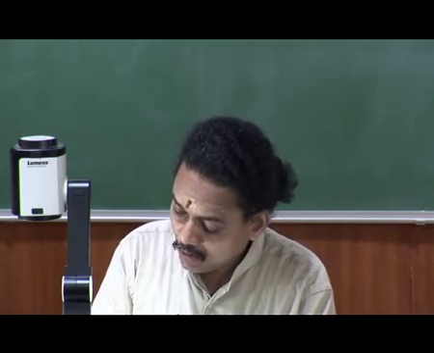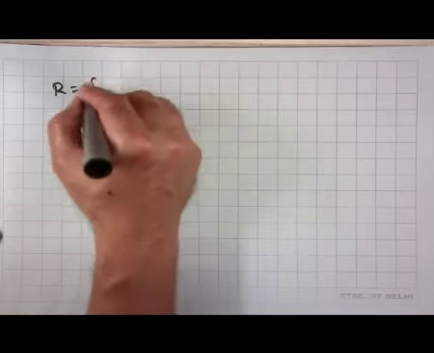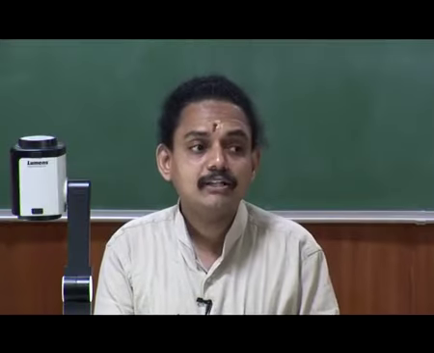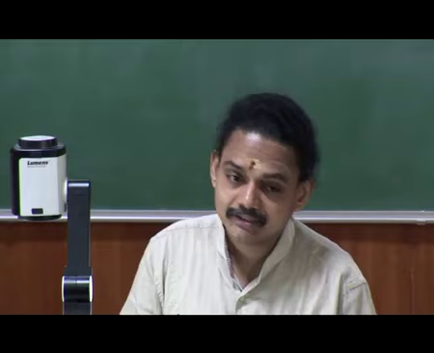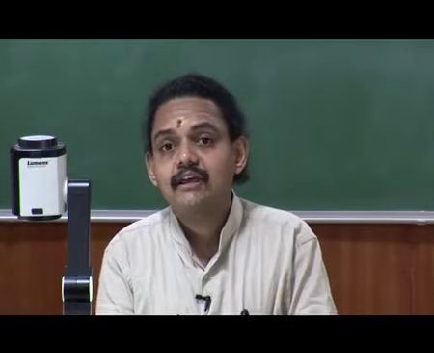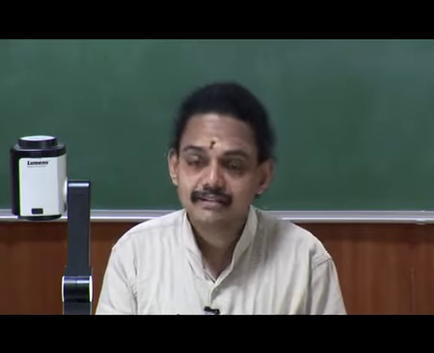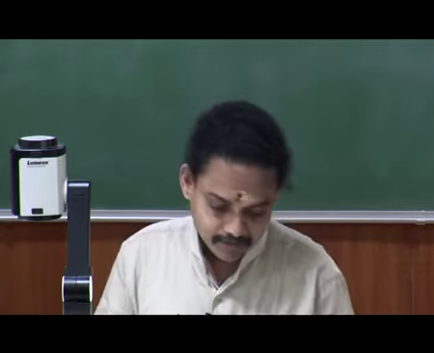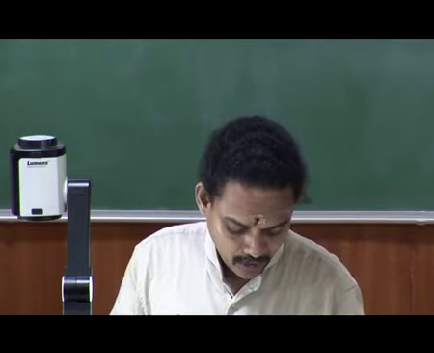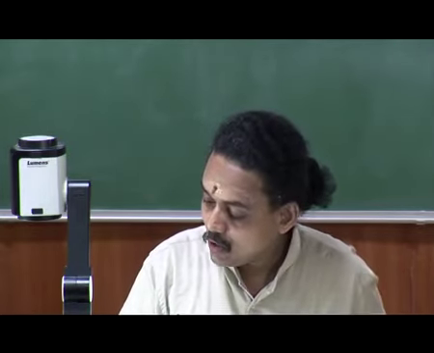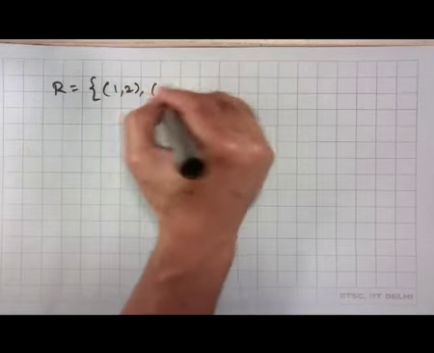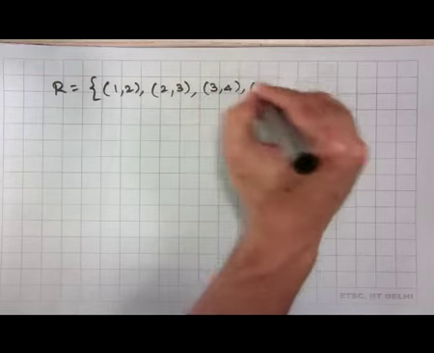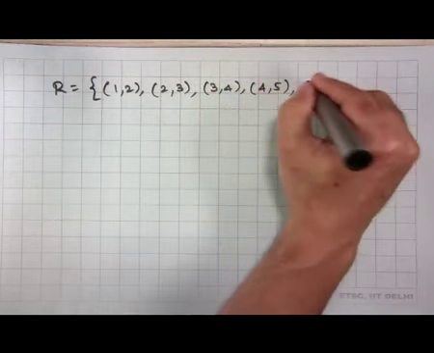Now, let us write down explicitly what this R is. If you notice, our set A is {1, 2, 3, 4, 5 and 6}, and our relation is all those ordered pairs (x, y), such that y is of the form x plus 1. And so, R is going to be (1, 2), (2, 3), (3, 4), (4, 5) and (5, 6).